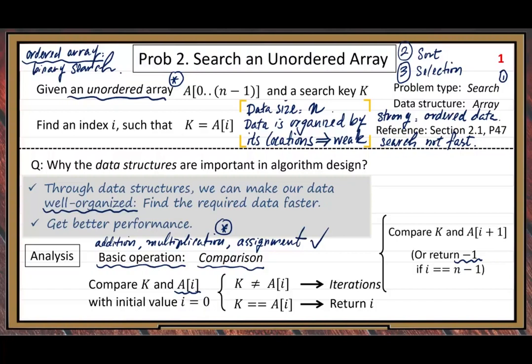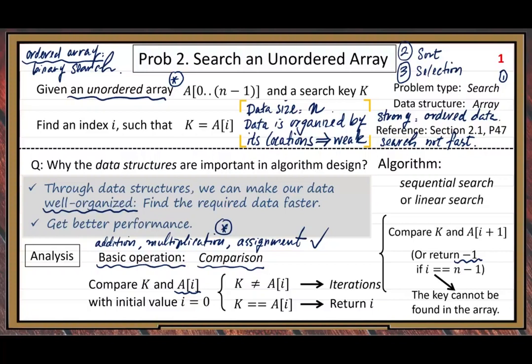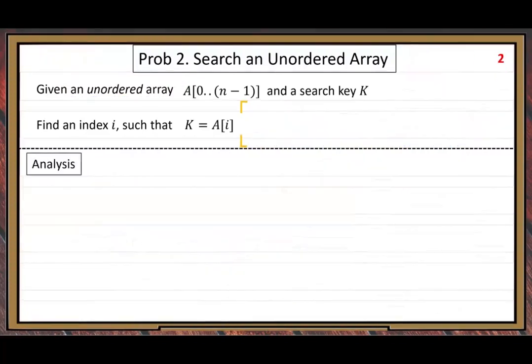So that's the whole process of this algorithm. It's pretty easy, pretty straightforward. Later we will do a lot of discussion based on this process. We call this algorithm either sequential search or linear search. All right. Next.